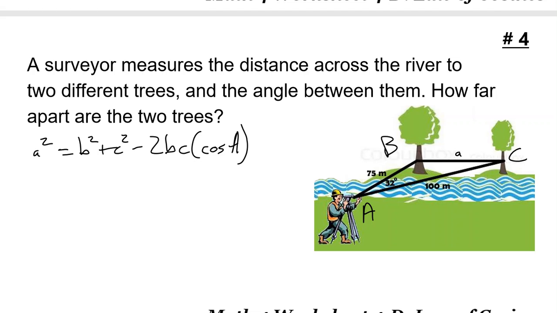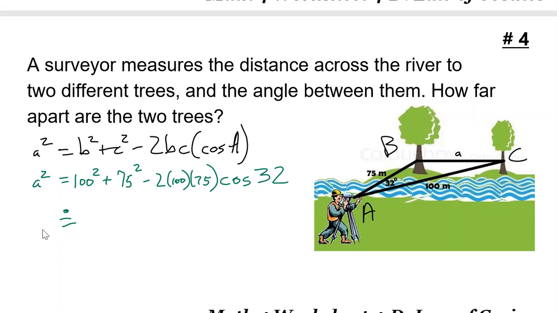Now, I can plug in b squared would be 100 squared. C squared would be 75 squared, minus 2 times 100 times 75 times cosine of 32 degrees. So I should be able to punch all of that in and get a decimal.